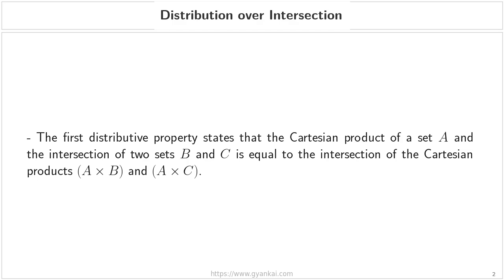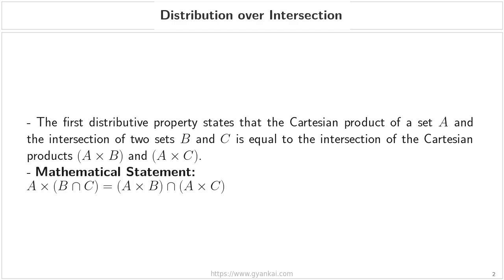Specifically, the product of A and B intersected with the product of A and C. In mathematical notation, we write this as A cross (B intersection C) equals (A cross B) intersection (A cross C).